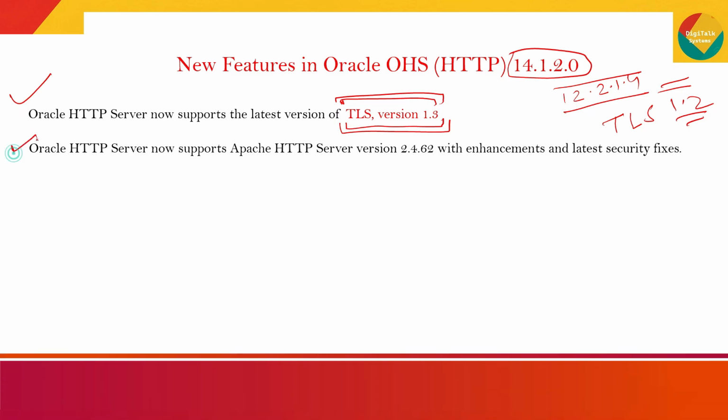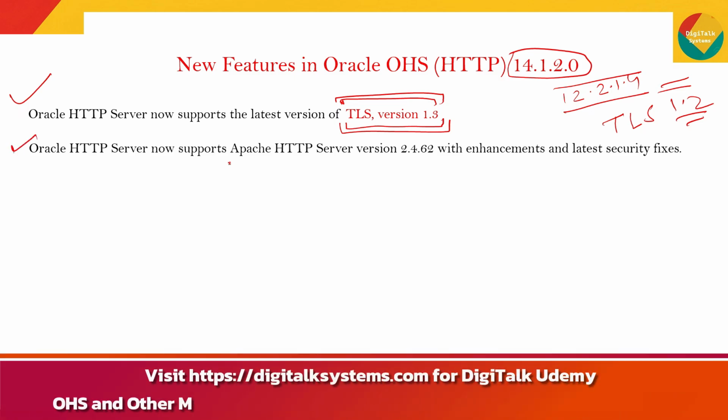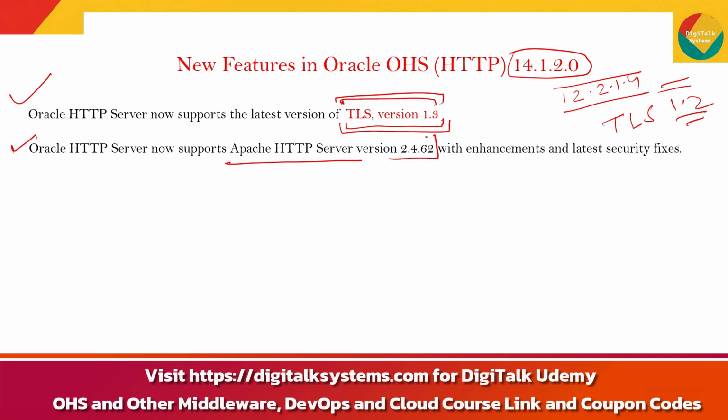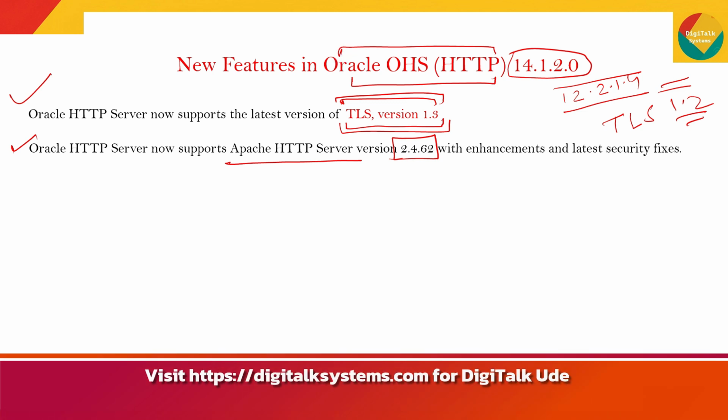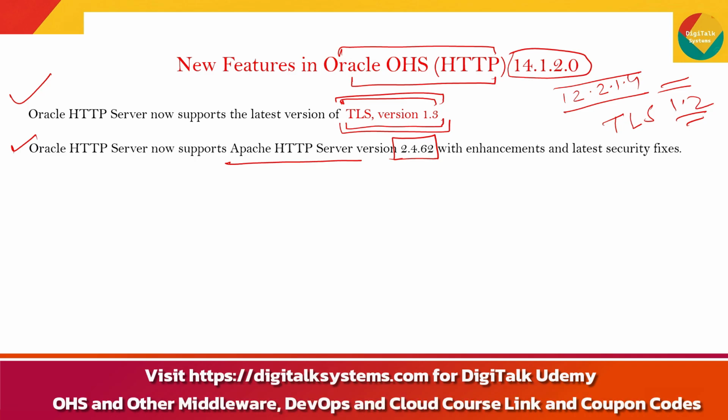Second, Oracle HTTP Server now supports Apache HTTP Server version 2.4.62. Oracle OHS is a web server from Oracle, but it is an enhancement on top of the open source Apache HTTP Server.